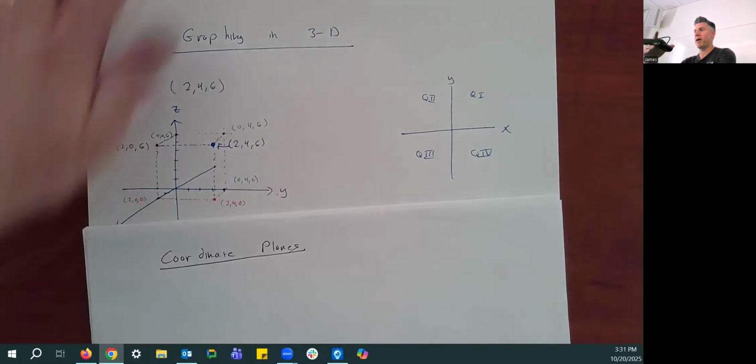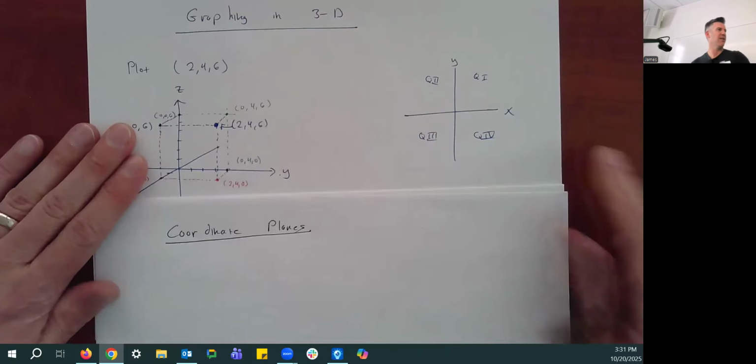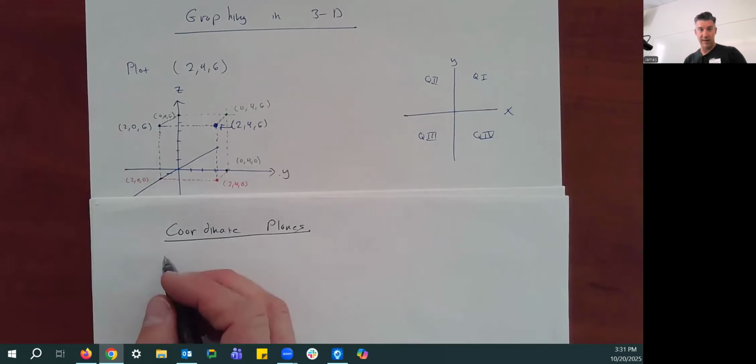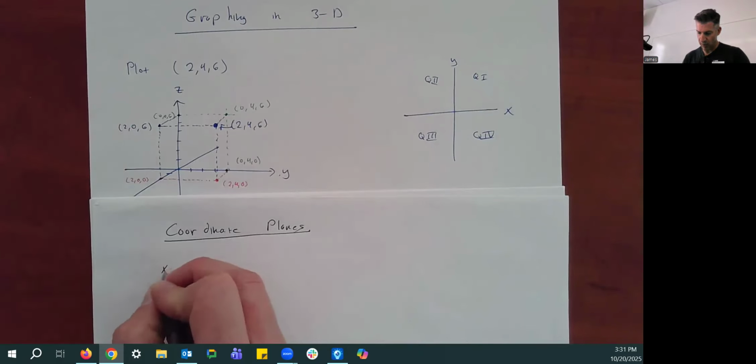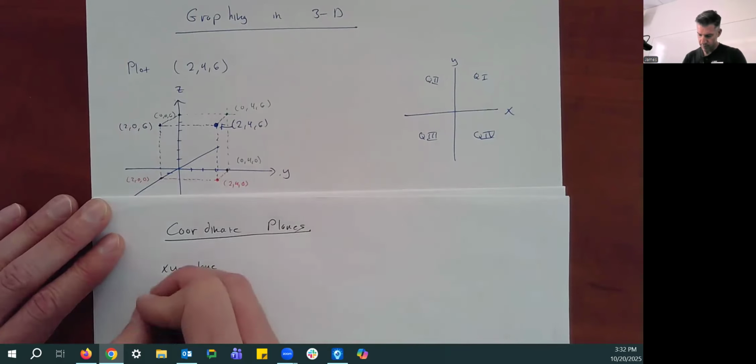Coordinate planes are kind of like coordinate axes in 2 dimensions. Kind of. They're analogous, meaning, to find, say, the xy plane, in fact, let's just draw it.